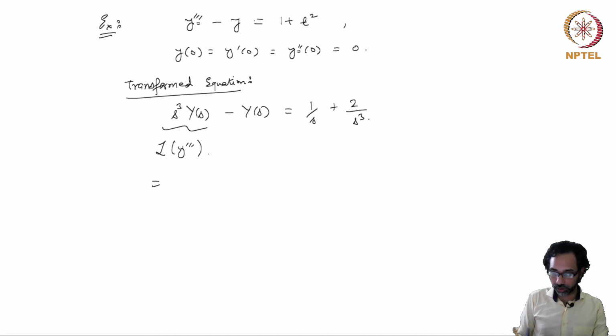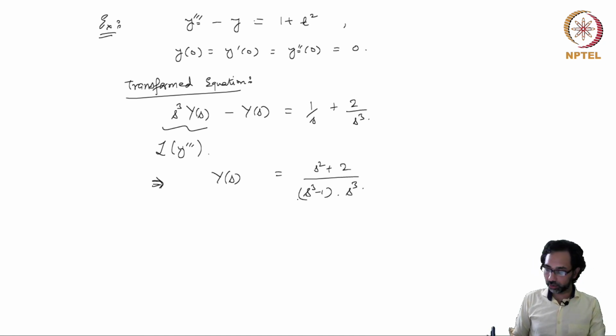So therefore you can solve for Y(s), and you get (s^2 + 2) over (s^3 minus 1) times s^3.